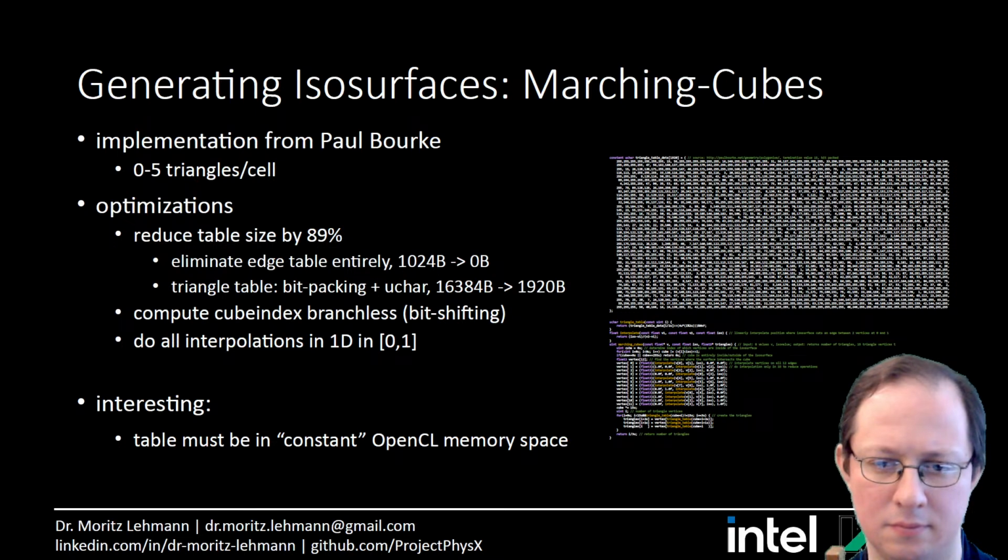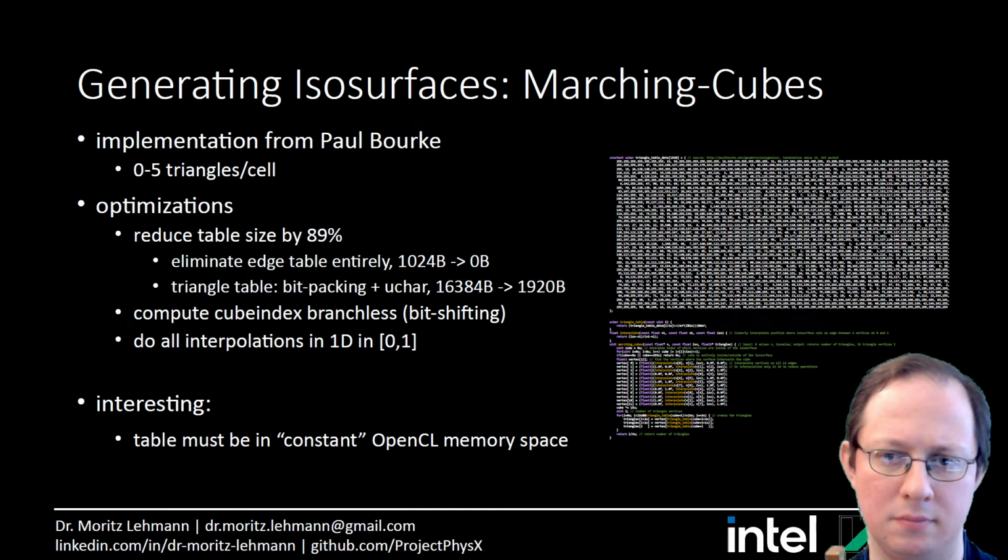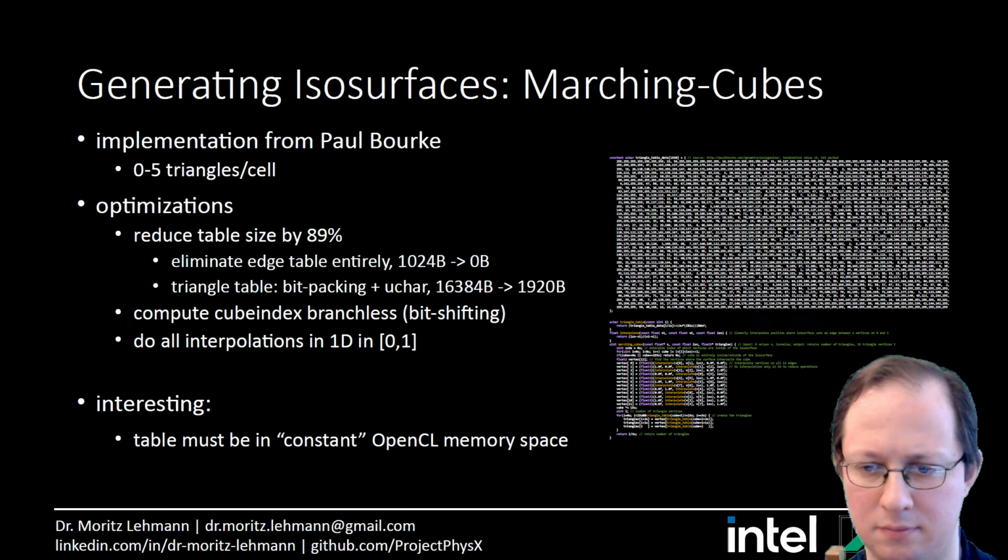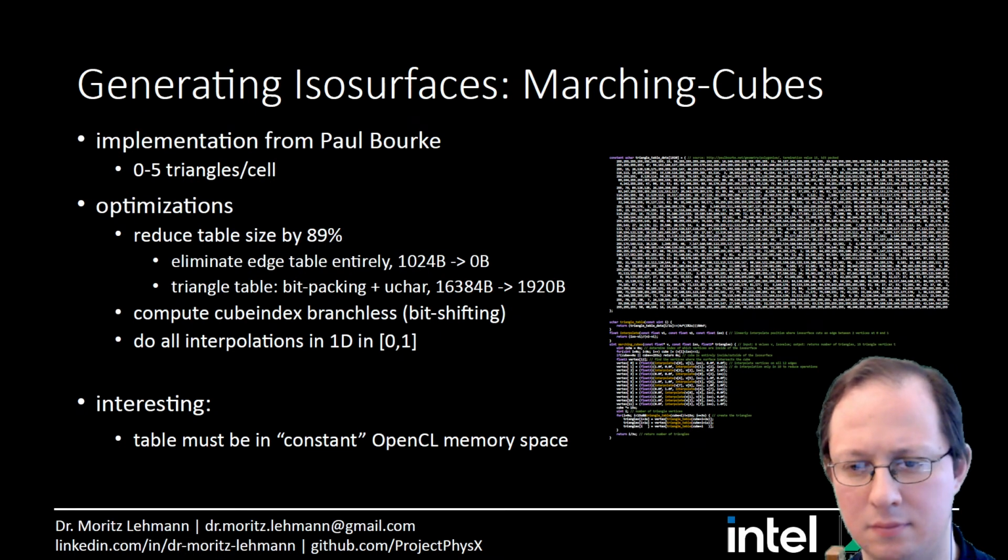And there's another table there for the edges, so you can look up in the table for which edges I even have to interpolate, on where the vertices of the triangles are located.